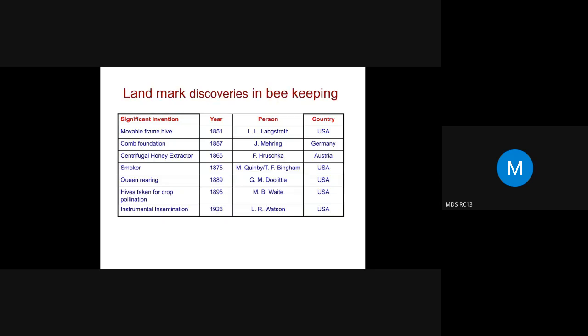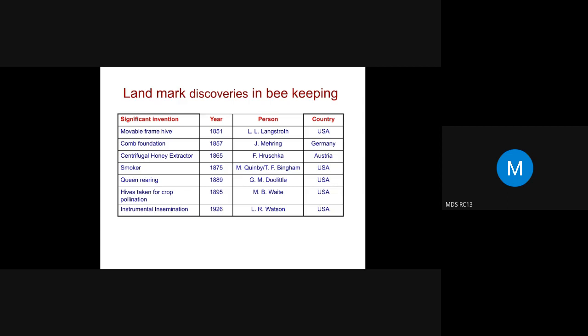The major landmark discoveries in beekeeping are mentioned in this table. The movable frame hive was invented by L. L. Langstroth from the USA in 1851. This was one of the major discoveries. The comb foundation sheet was discovered by the German scientist J. Mehring in 1857.